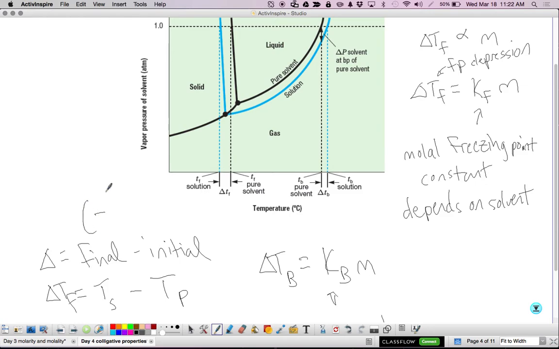And notice that this should be negative, right? For water, the freezing point of pure water is 0 degrees Celsius, so the freezing point of a solution should be less than 0. So that's going to be negative. And with boiling point, the boiling point of water is 100, so the delta is going to be positive because the final temperature is going to be higher than 100. Okay, I think it's time to start some problems.